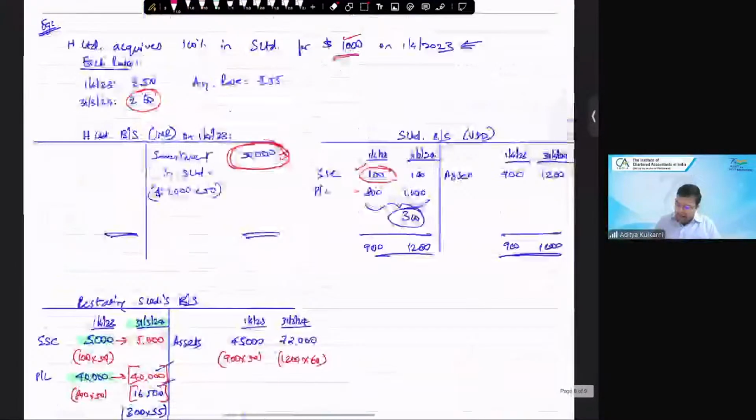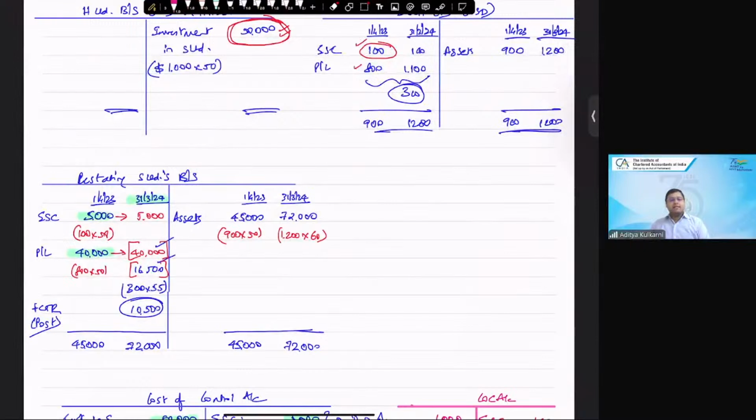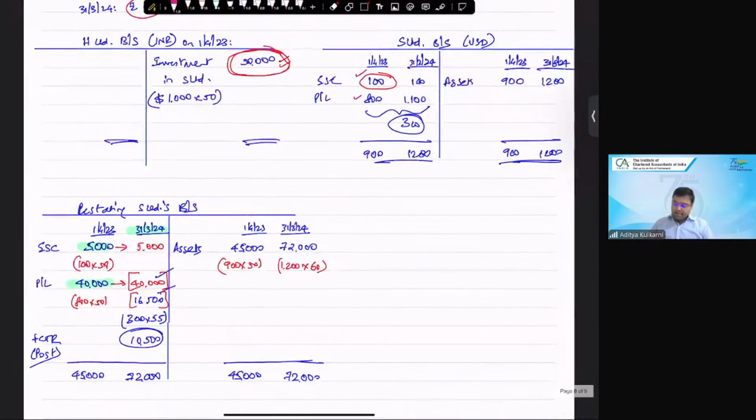Your entire balance sheet of S Limited, assets and liabilities, they are converted using which rate? Assets and liabilities are converted using which rate? Closing rate.